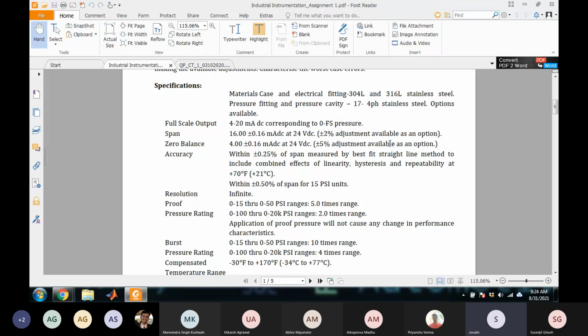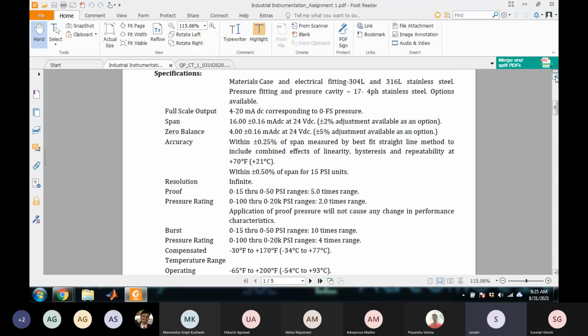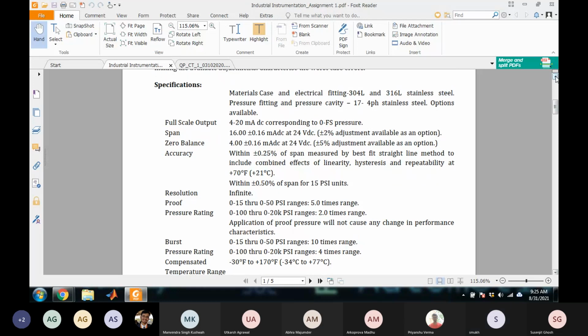So that is why, if you come to the bottom, this burst pressure rating, you can see that the instruments are available in many pressure ranges. 0 to 15 is a range, up to 0 to 50, then 0 to 100, then 0 to 20,000. So these are all different product lines of the company.